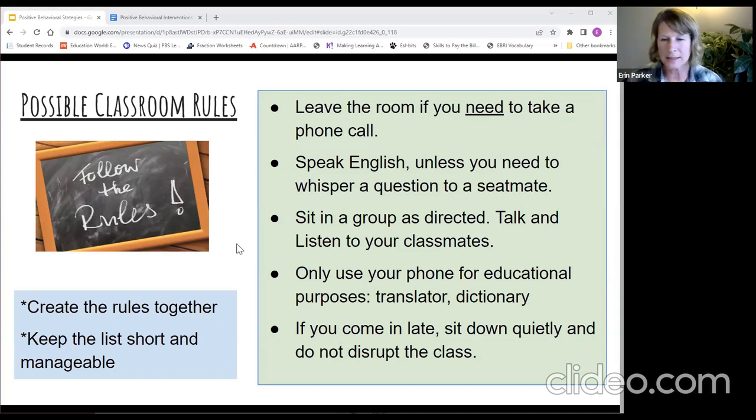And then if you come in late, sit down quietly and do not disturb the class, because I've had a lot of that lately where they just don't realize they're being so loud and start talking and throwing their backpacks down and, whoa, okay, we're trying to learn here. So sometimes they just don't realize that.